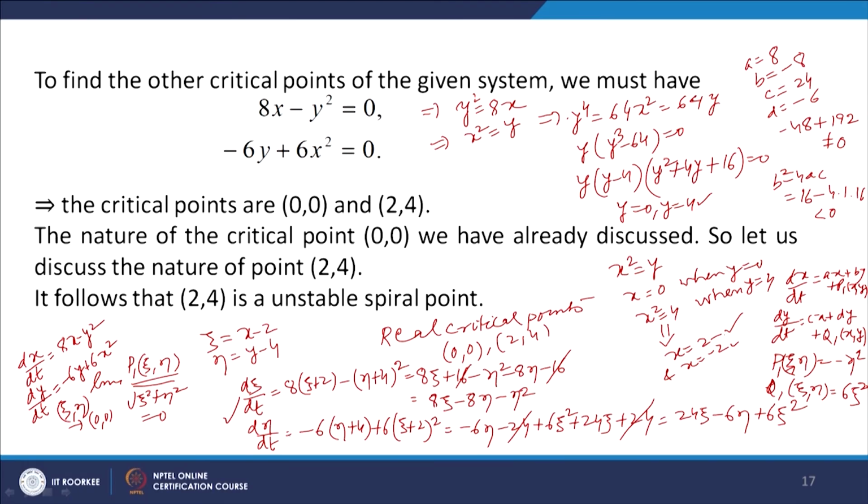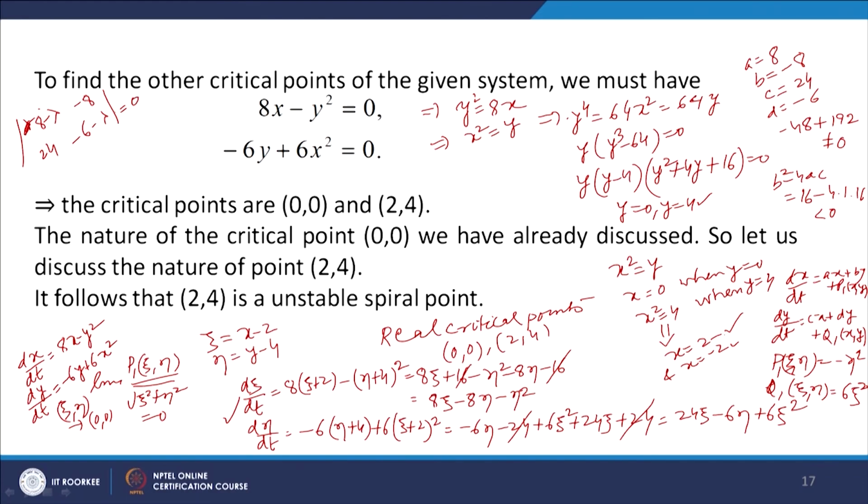The eigenvalues here for this system: we have 8 xi minus 8 eta, so 8 minus lambda, minus 8, and we have here 24, and here minus 6 minus lambda, equal to 0.